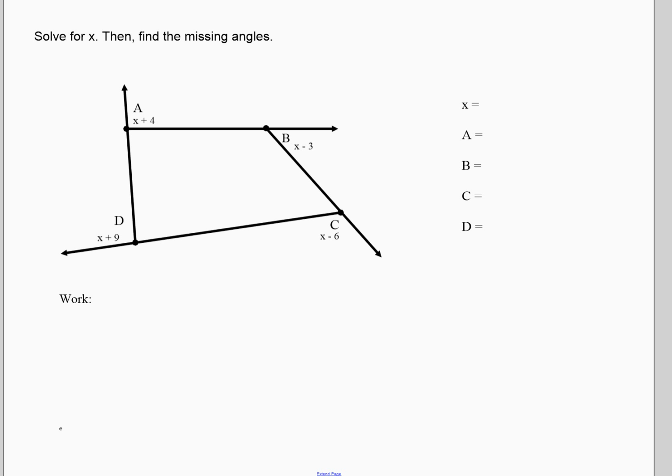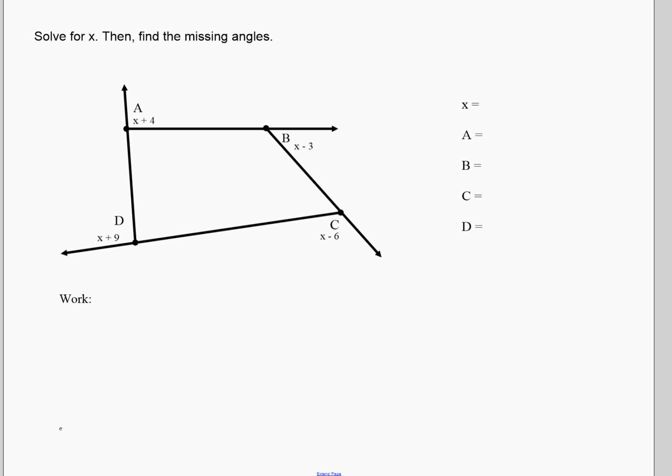So notice that this is a quadrilateral. Notice that these four angles are exterior angles, and we know that the sum of the exterior angles in any polygon is 360 degrees. Now, I didn't give you any numbers, but we can use our algebra skills.